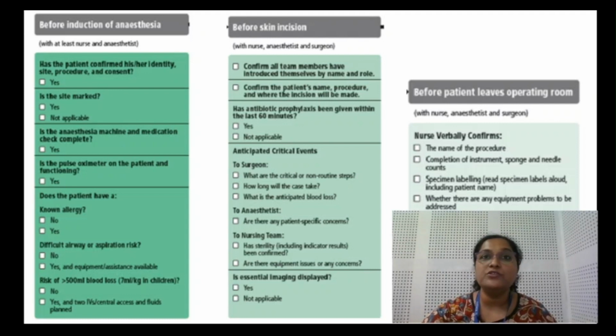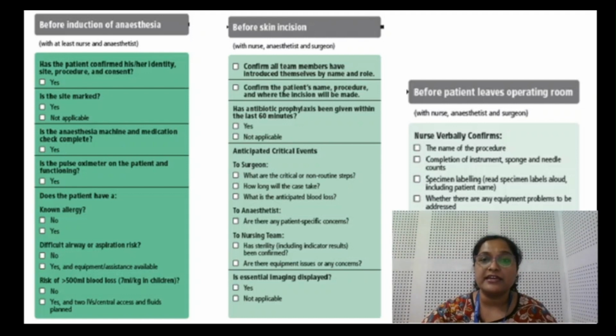Before induction, we need to make sure that the patient identity is confirmed, often using a 2 or 3-way identification process, which may include the patient's complete name, their date of birth, and their patient ID number or inpatient number. Ensuring appropriate consent is taken, correct procedure and site are confirmed. Checking if the patient has any allergies is also a part of the sign-in.